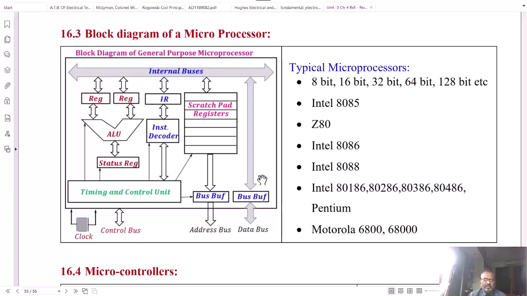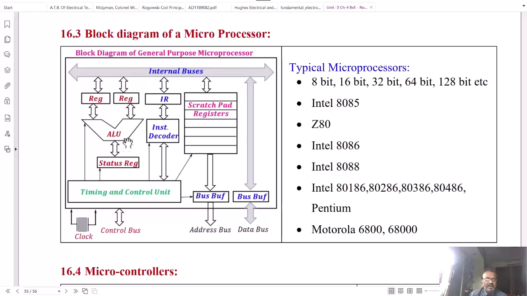Bus is basically a set of interconnecting wires. Accordingly, in the microprocessor or central processing unit, the external buses are connected to internal buses via bus buffers.